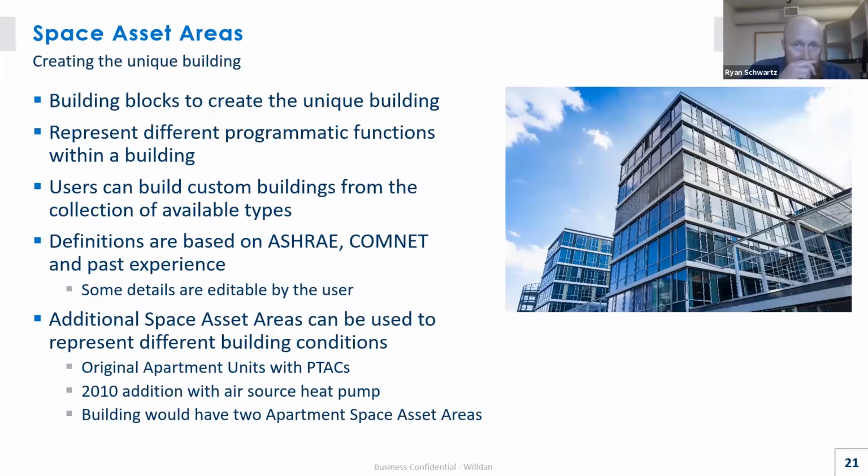Our space asset types have definitions that are based on ASHRAE and ComNet and the other past project data that I previously mentioned. A lot of those details are editable, so that ability to edit those inputs gives a user the ability to really customize that building.